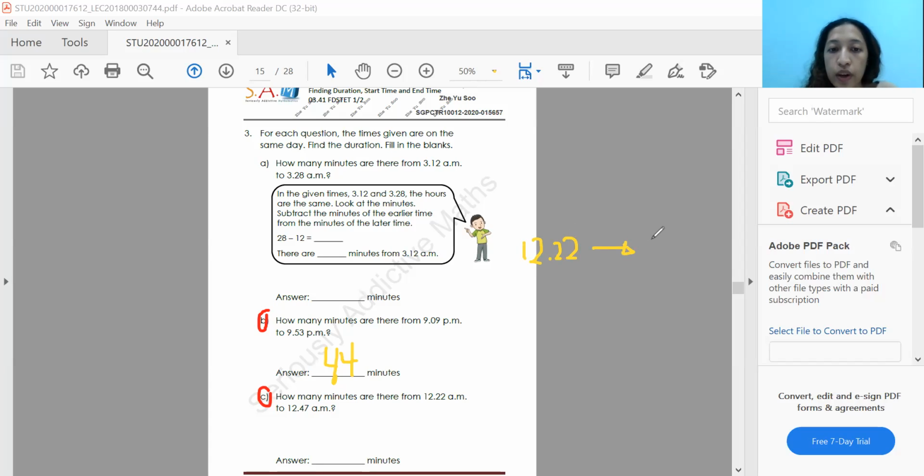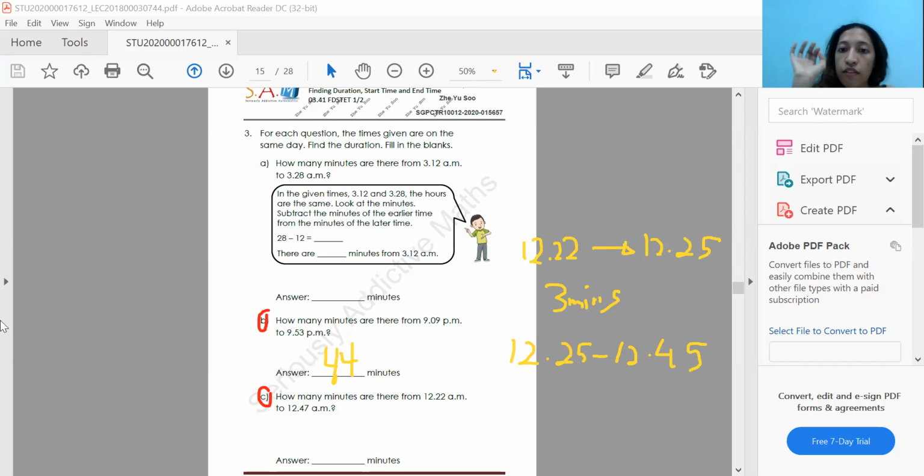Let us do 12:22 to 12:25. How many minutes is that? 3 minutes, right? Now from 12:25, let's go all the way to 12:45. So 25, 30, 35, 40, 45, 20 minutes.